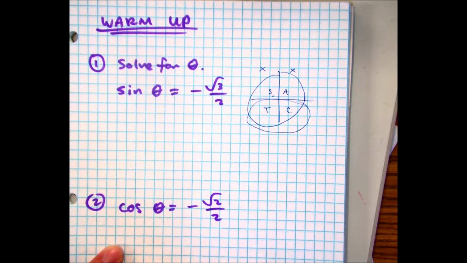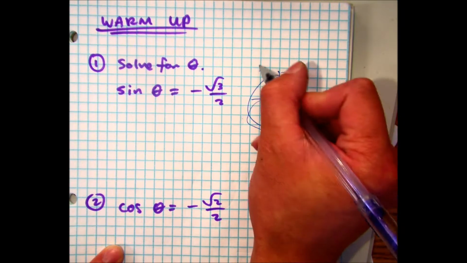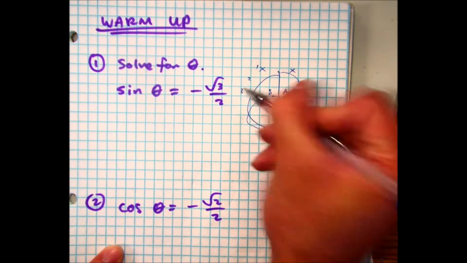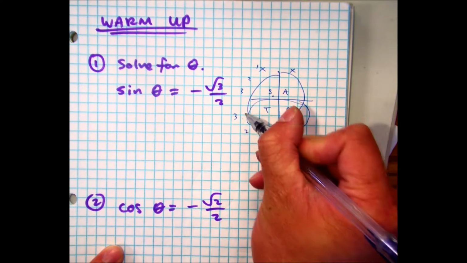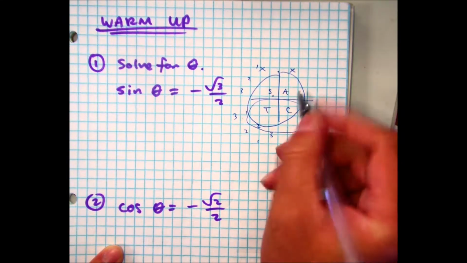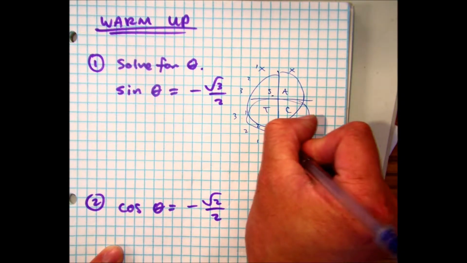Okay, so if I use the unit circle, that means for sine to be negative radical 3 over 2 is where? Where, class? What is that?